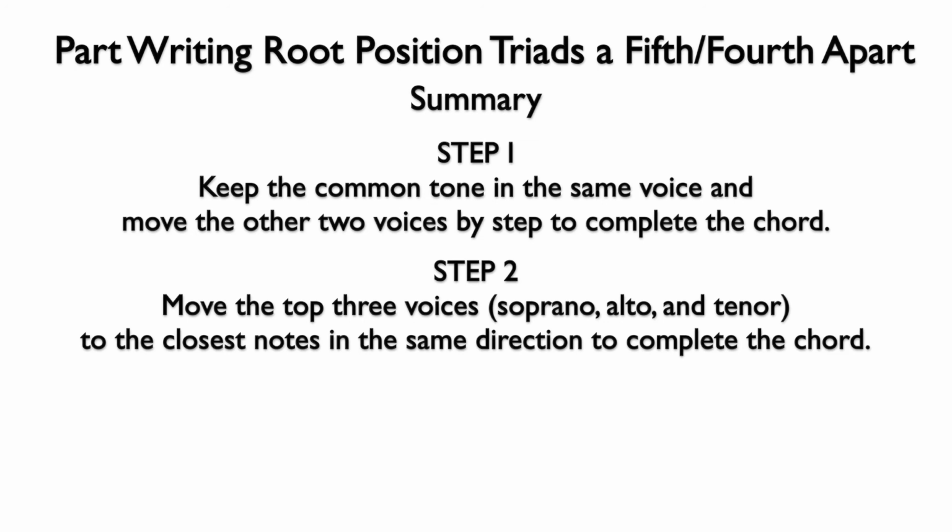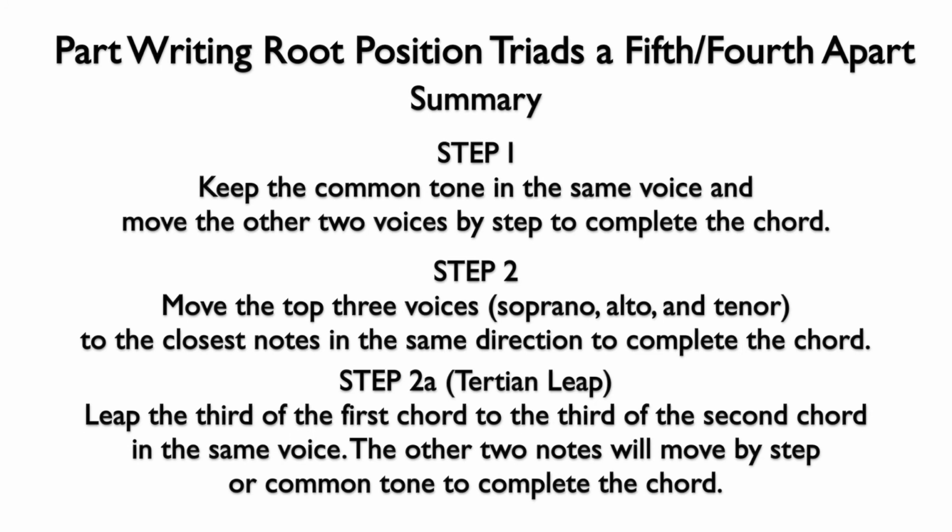If step 2 takes one or more voices out of range, step 2A, tertian leap. Leap the third of the first chord to the third of the second chord in the same voice. The other 2 notes will move smoothly by step or common tone to complete the chord.